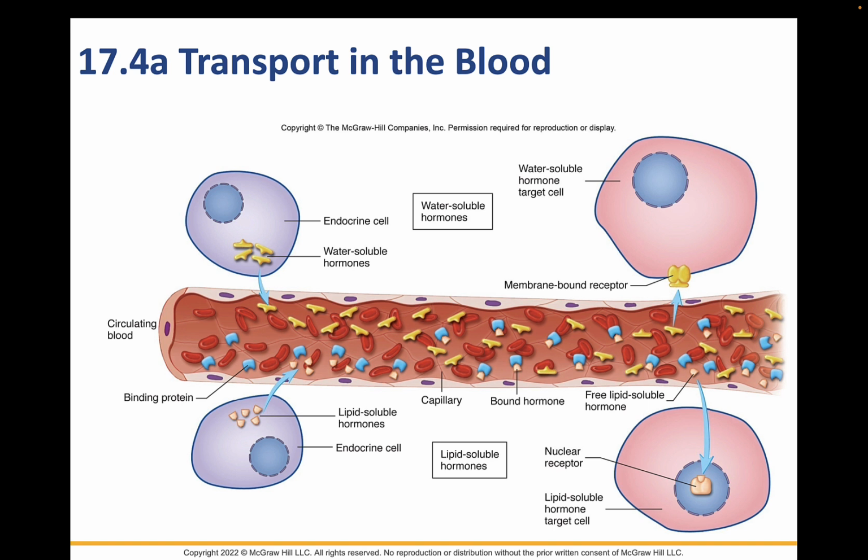When they are released into the bloodstream, because they are not water soluble, they require a protein carrier. The majority of lipid-soluble hormones will be bound to a protein carrier, and it's not until it is released that it's capable of being active. Once it is released, it binds to the receptor, which we find inside of the cell.